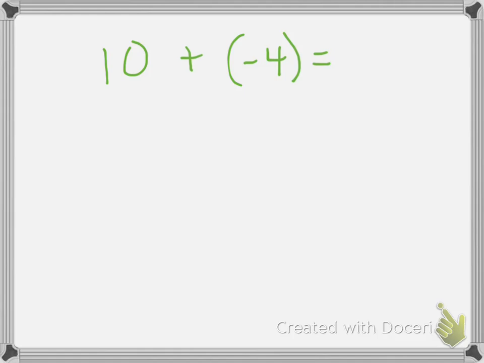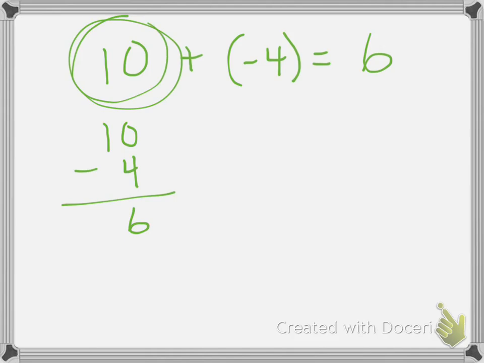You take the bigger number, the one that's the bigger digit. This 10 is bigger, so I'm going to take 10 minus 4, and that gives me 6. So if the signs are different, find the difference, so subtract, and then keep the sign of the bigger number. The bigger number in this case is 10, because 10 is more than 4, so my answer is going to be positive because the 10 is positive.